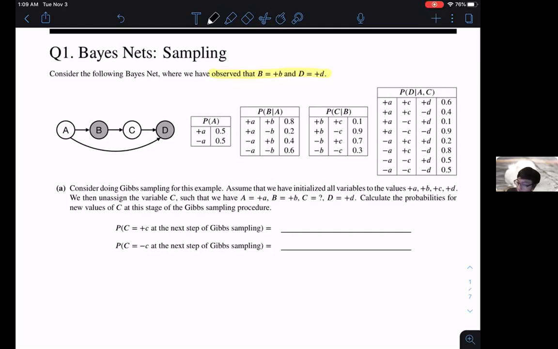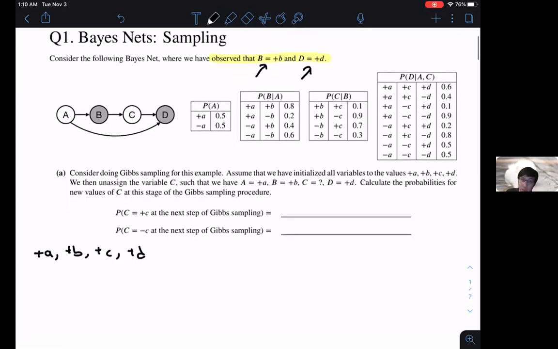Right here, these two are my evidence variables, so I need to make sure that my sample is consistent with that. In this case, my sample is plus a, plus b, plus c, and plus d. And we see that this is consistent with our evidence, because capital B is equal to plus b and capital D is equal to plus d.